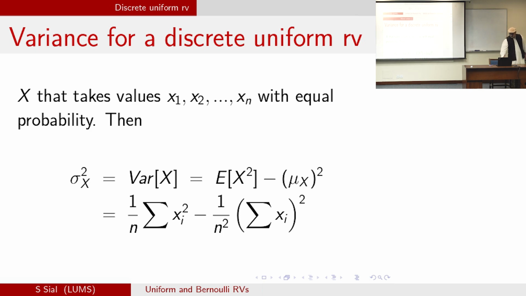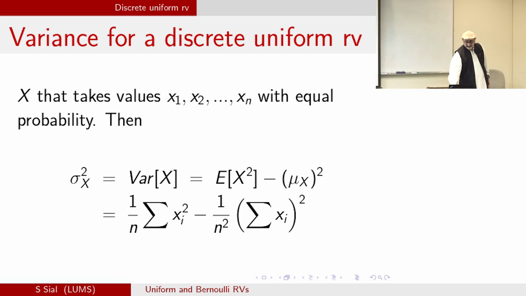Okay. What about the variance for the discrete uniform random variable? So for any random variable, I would want to know at a minimum what its expectation is and what its variance is. Okay? Now, there are other things that we can know which involve higher powers of the random variable, but these are the two minimum that I want to know for any random variable.